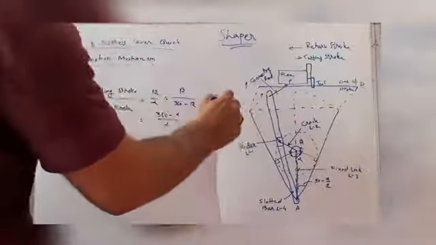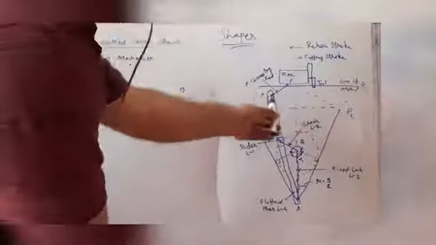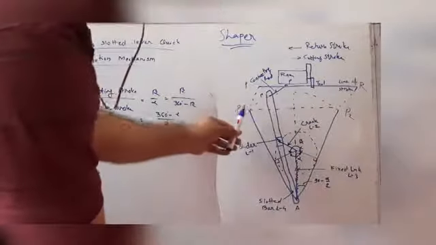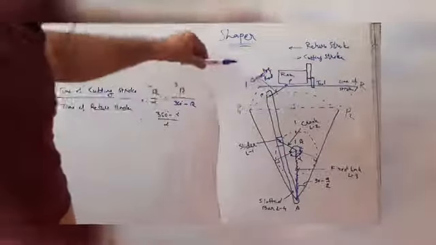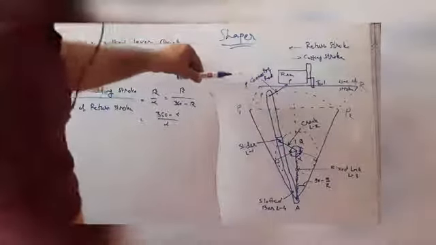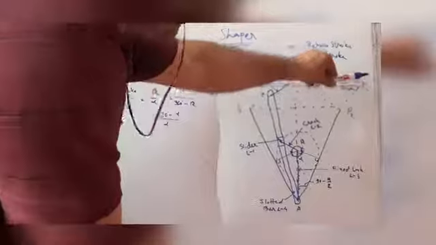This is P1 and this is P2. This is tangential of this A, P1 and P2. So during cutting stroke, this ram works like this and tool does cutting.